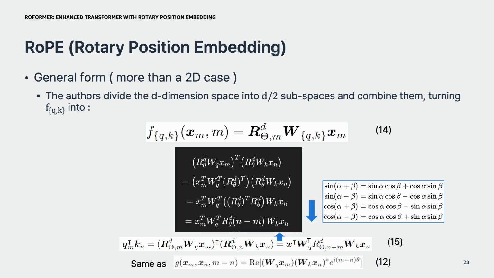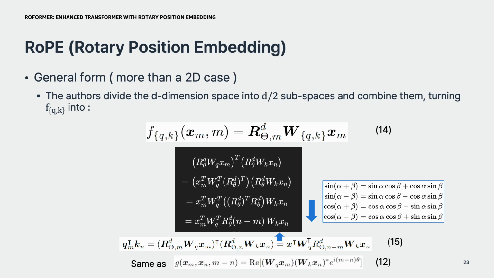By applying rotation to the query and key at each token position and then performing attention, the computation is expressed as equation 15. Since this equation is based on the rotation matrix, it is equivalent to equation 12 and thus achieves the intended goal described earlier.